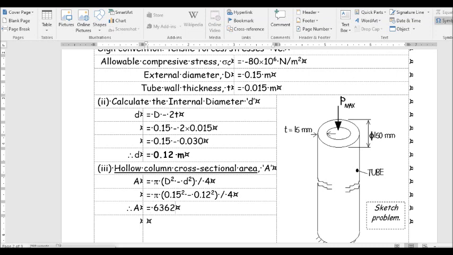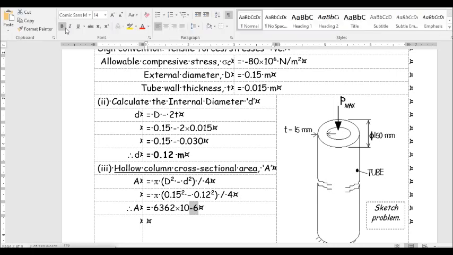That's 6362 times 10 to the negative 6, again superscript for the negative 6, and that's using 4 significant figures here. And of course that's now meters squared. And I'll bold that answer again.